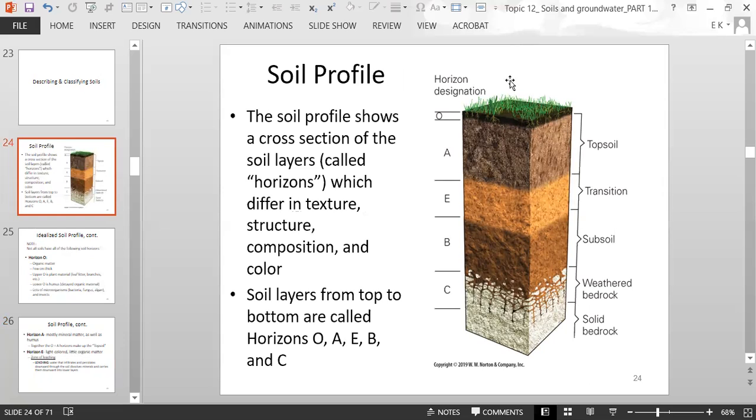Okay, so it rains and rains. Water passes through the soil and it picks up materials that are soluble, which means they're able to be dissolved in water. So it picks those minerals up from the E layer and carries them downward. So E is the zone of leaching.